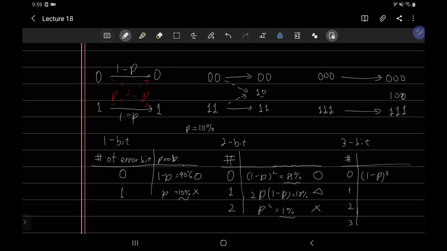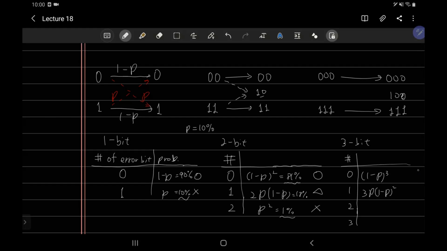While for the 1-bit flip, maybe the first bit might be flipped, so it is p times 1 minus p squared, or only the second bit might be flipped, or the third bit might be flipped. So there are 3 combinations, or 3 chances, that one bit will be flipped. So the probability that even though we did not receive the correct information, we should be able to correct to the right information.